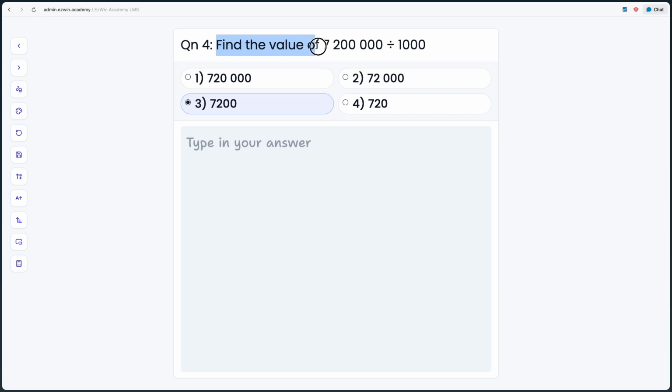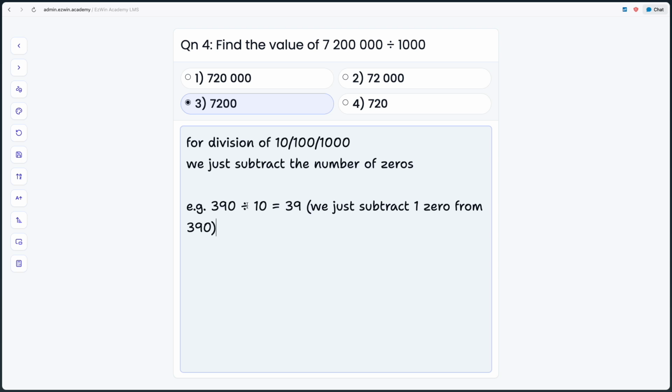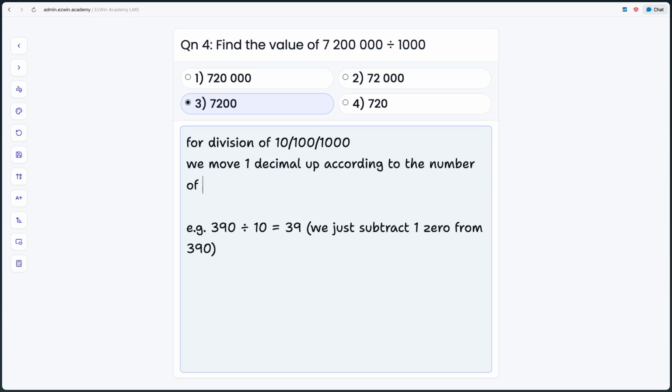Okay, question number 4. Find the value of 7,200,000 divided by 1,000. For division by 10, 100, or 1,000, we move the decimal point up according to the number of zeros.